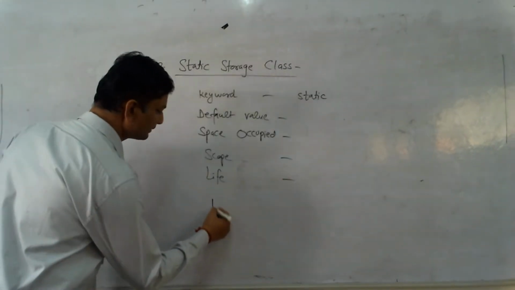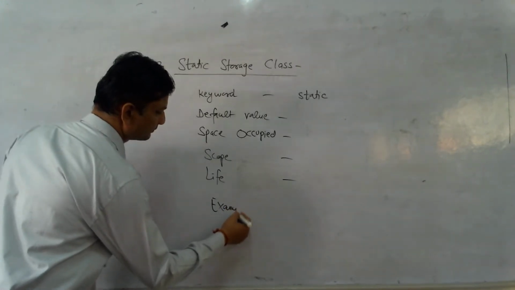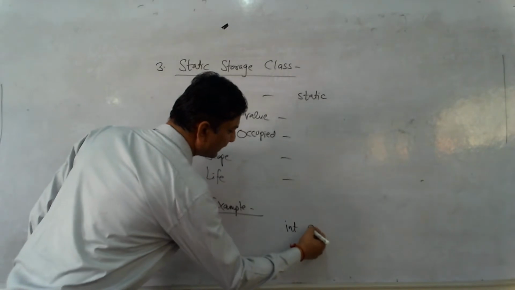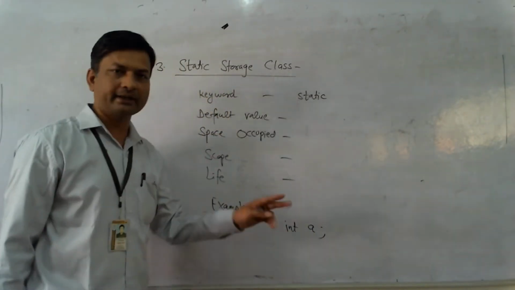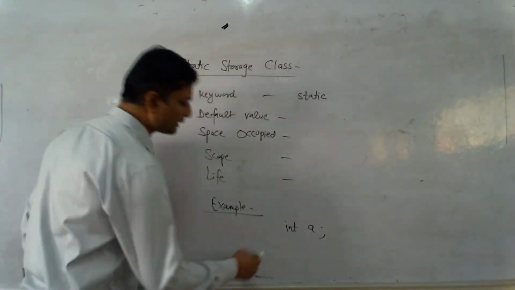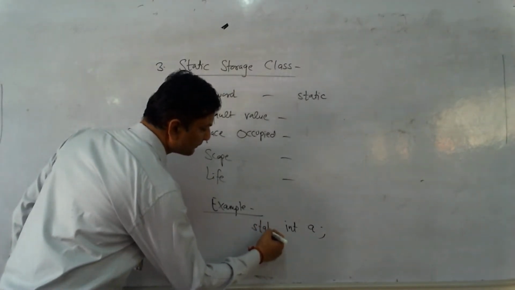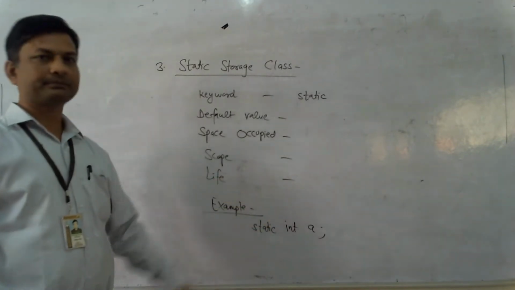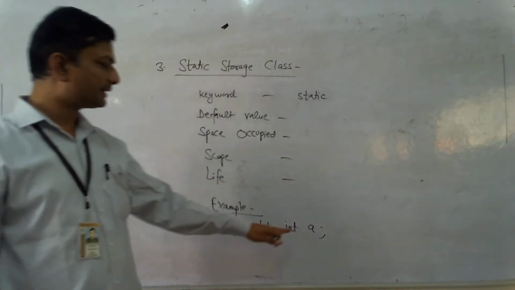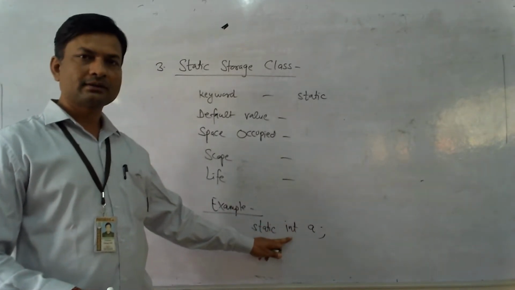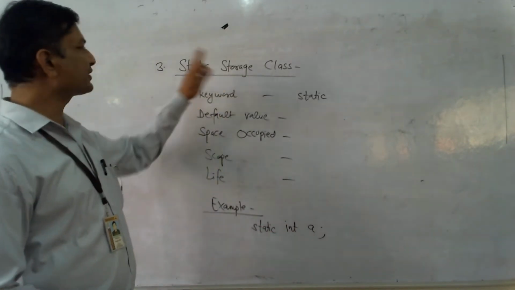For example, if we want to declare a variable named A of data type int, and we want it to belong to static storage class, then we should write the keyword static before the data type. So in this case, A is a variable of data type int and belongs to static storage class.